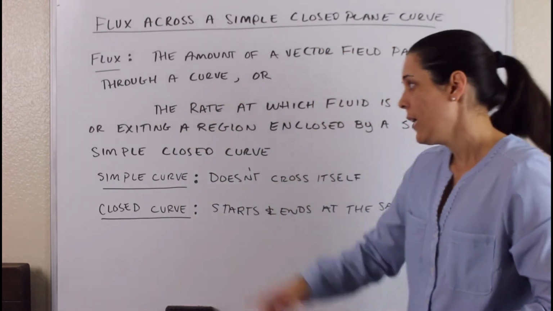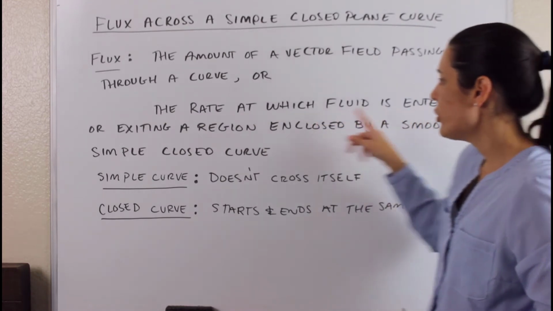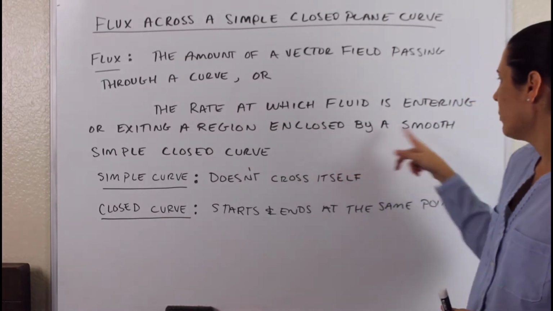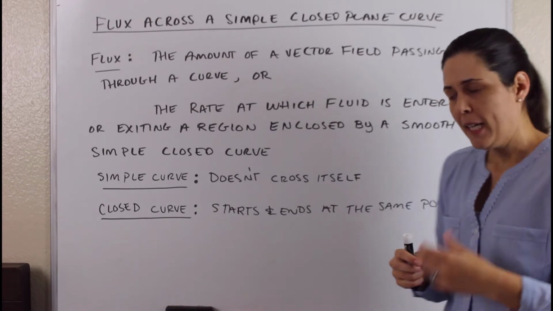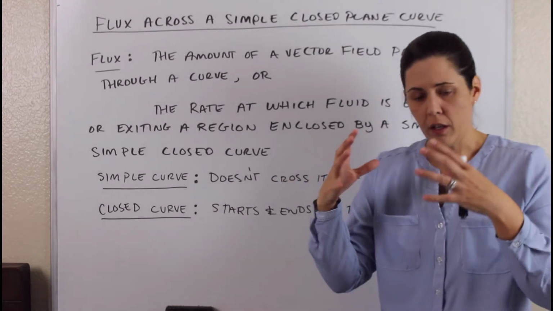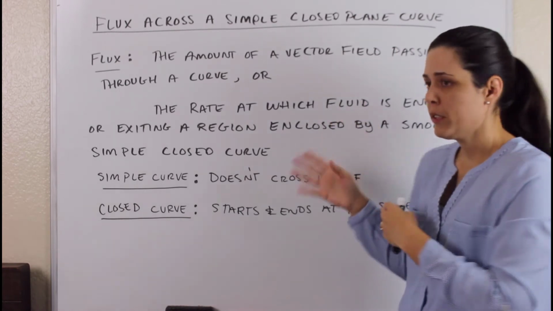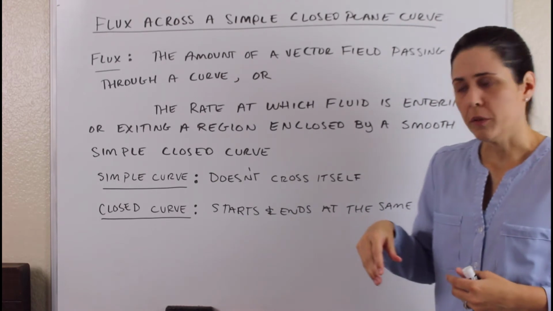Another way to think about that is the rate at which fluid is entering or exiting a region, and that region is enclosed by a smooth, simple, closed curve. So you have an enclosed region and then your vector field, which you can kind of picture as maybe fluid moving either in or out of that region.